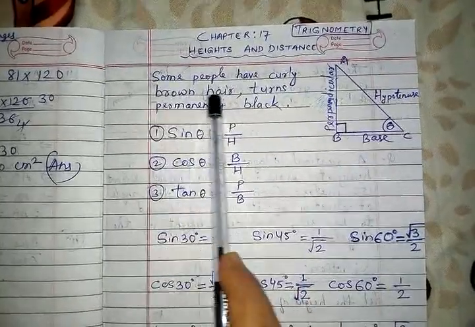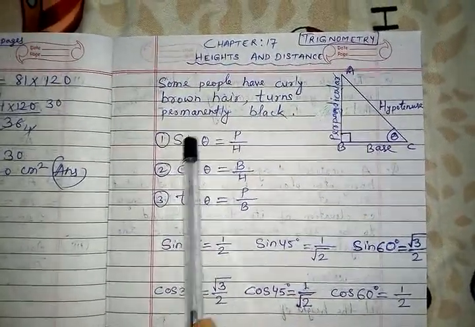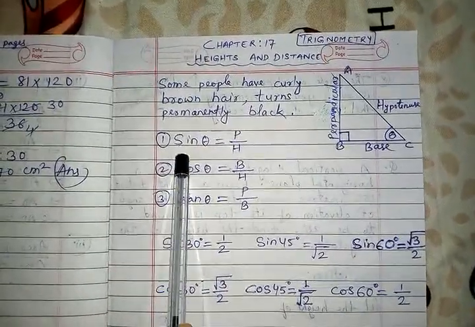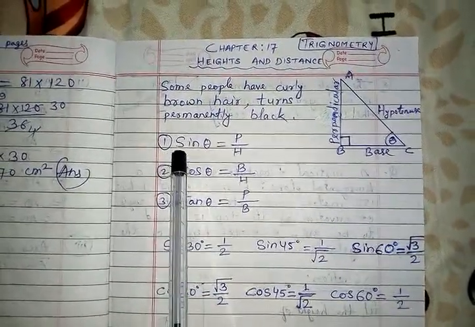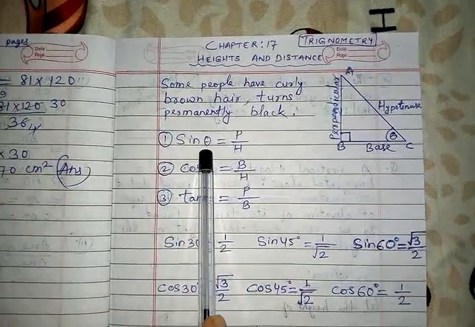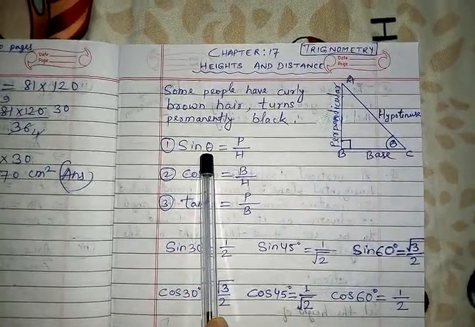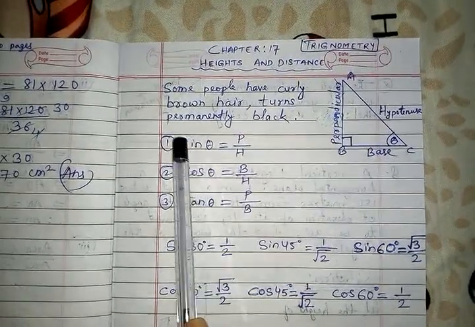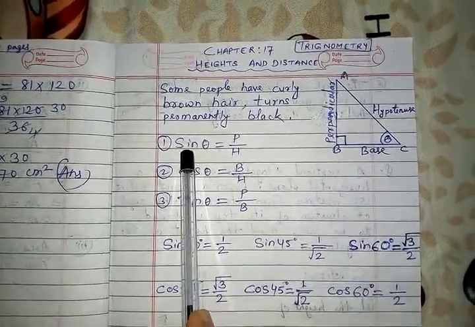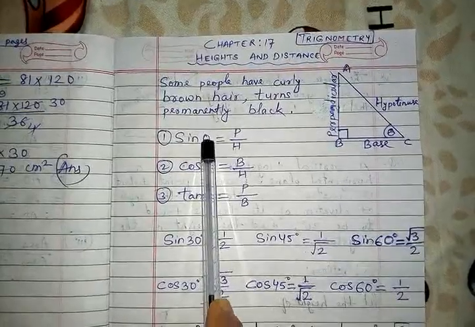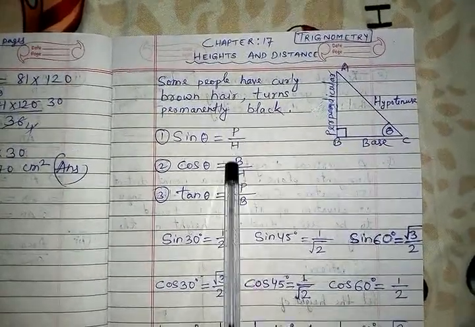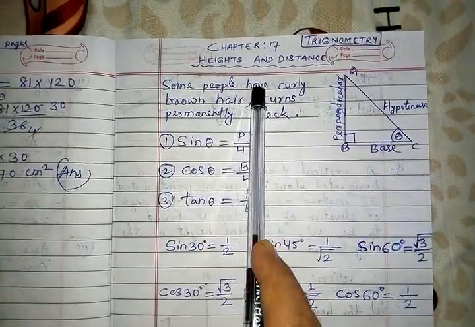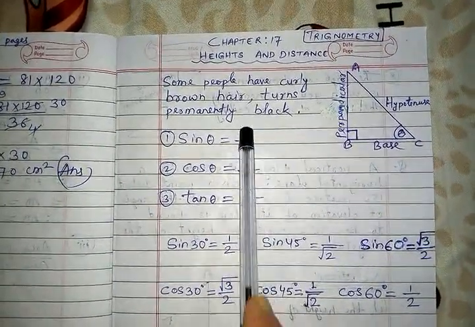When I read this sentence, S is for Some, but here S is for sine theta. Actually sine is spelled SINE, but technically we write only 3 alphabets, SIN, but don't read it as sin. It is sine. Sine theta, this is the symbol of theta, equals P by H, because S is for sine theta, P for people is perpendicular, H for have is hypotenuse, P by H.